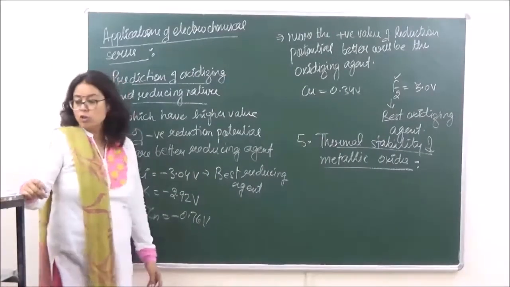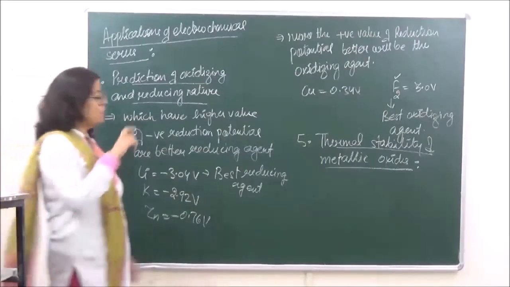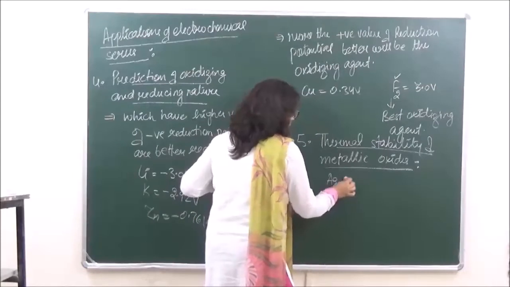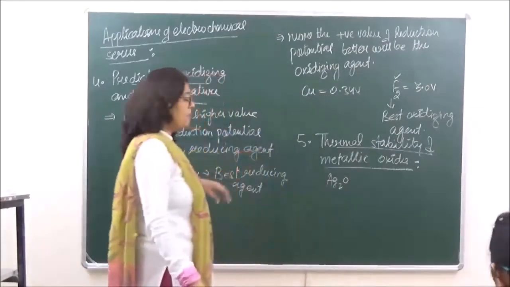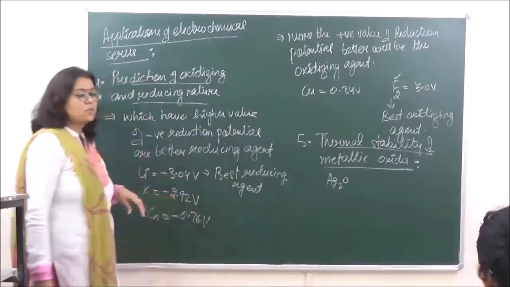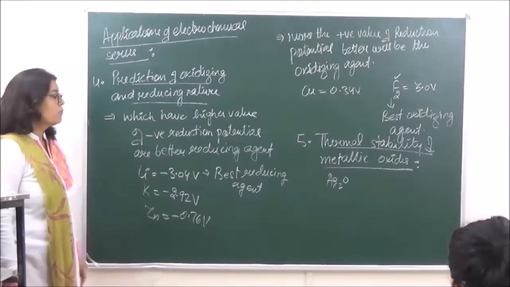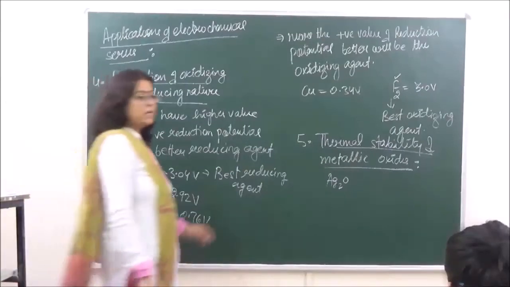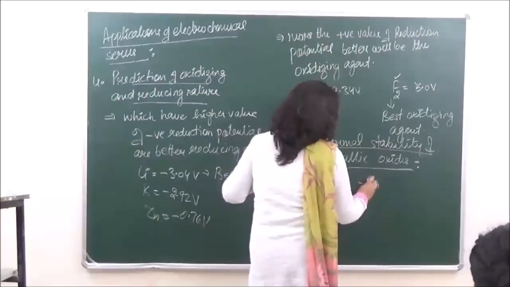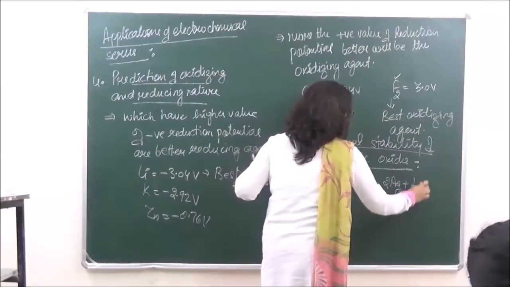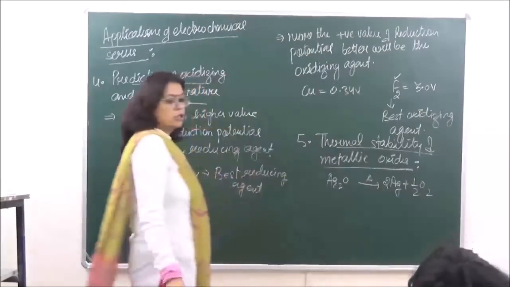As for example, if you are taking silver oxide, the value of reduction potential of silver is plus 0.80. So when we are heating it, it is seen that it decomposes to silver and oxygen.